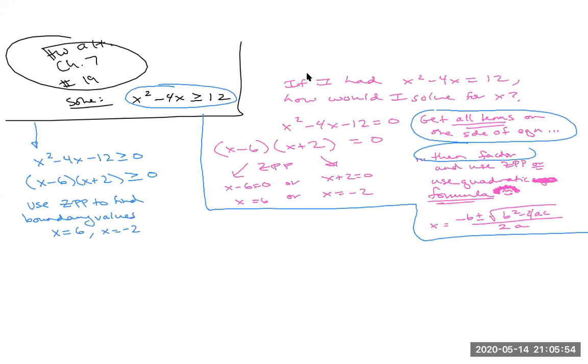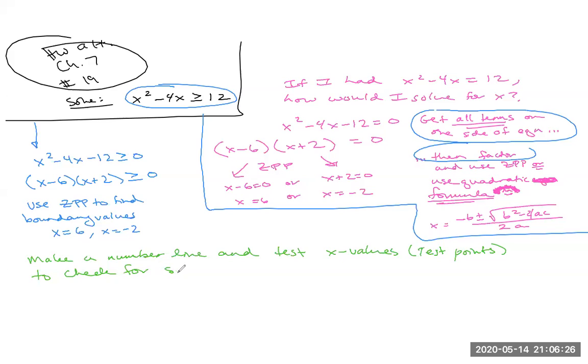What we need to do, and I'll put this in green so we know we do it, is make a number line and test x values, test points, to check for the sign from the original inequality.